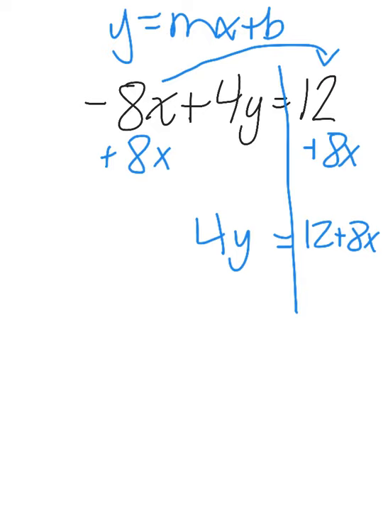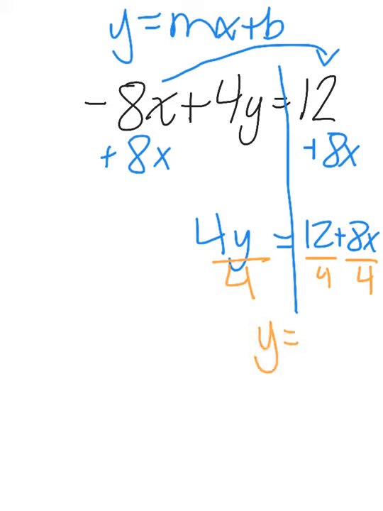I know 4y is equal to 12 plus 8x, but I have to figure out what 1y is equal to. So what I'm going to do is divide everything by 4. Now, the most important part about this is that you divide everything, not just the x, not just the b, but everything by whatever number's in front of y.